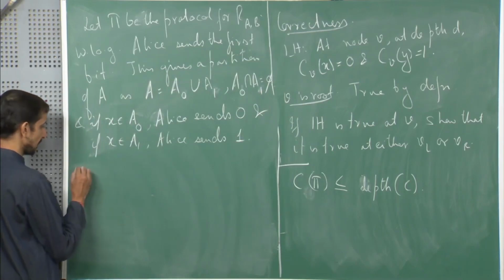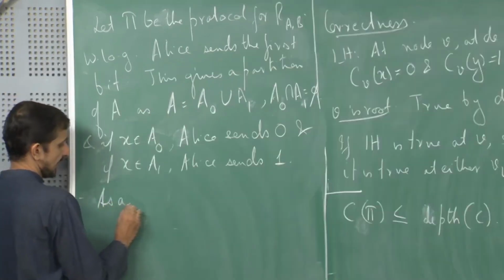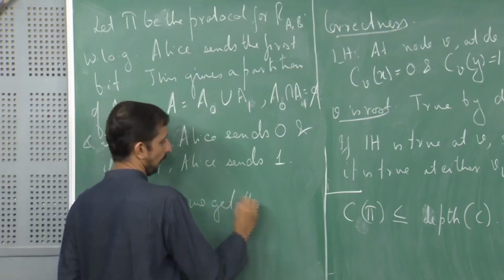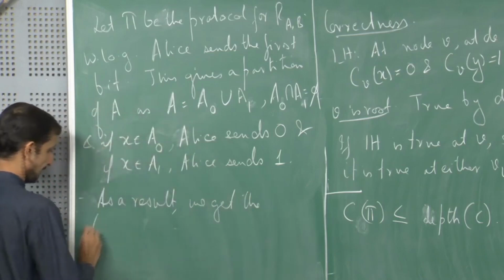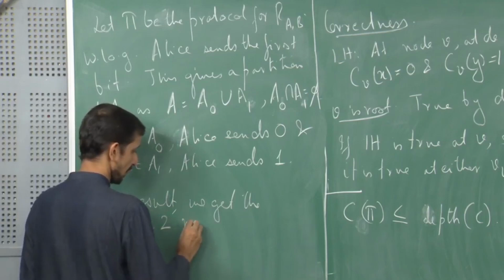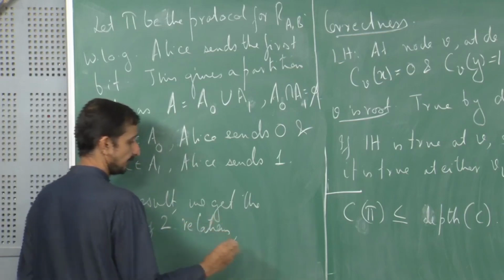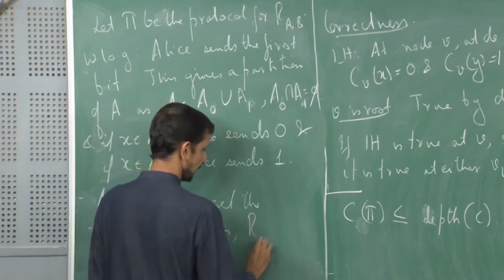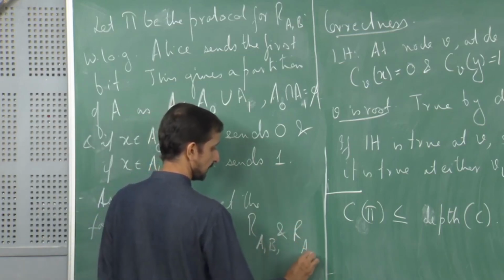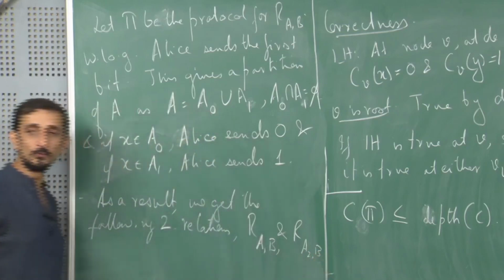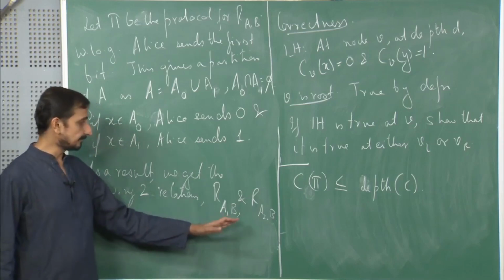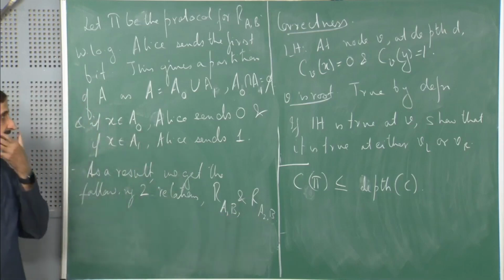So now we have, as a result, we get the following two relations R A1B and R A2B, right? So, R A1B and R A2B.